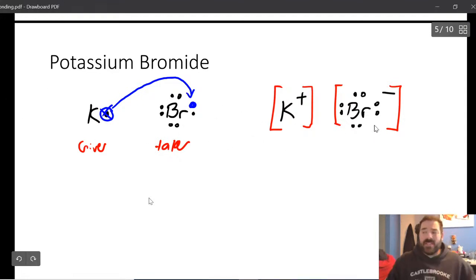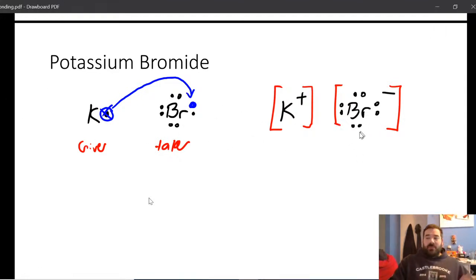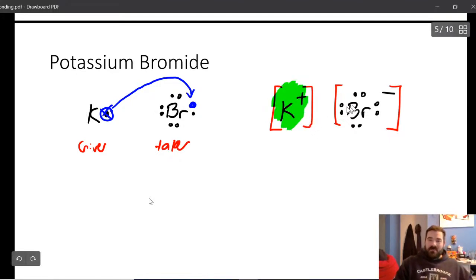So now I have this positively charged potassium atom and this negatively charged bromide ion. And they're hanging out together. And we know intuitively that negative and positive charges attract. So as soon as that electron transfer takes place, this positive potassium and this negative bromide are now attracted together.